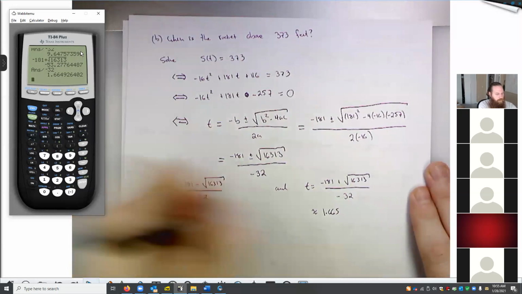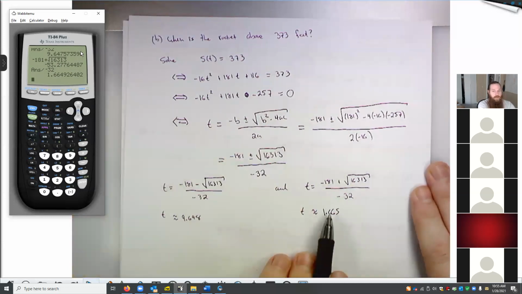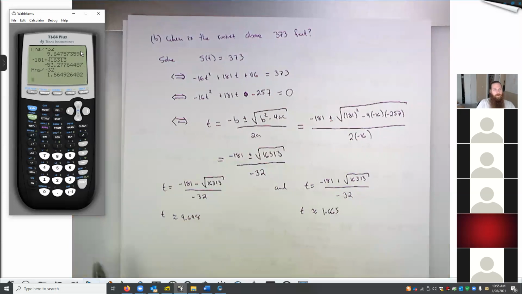So these are my 2 times. Between these 2 times, look back at your graph. Here's the 9.6, and here is the 1.66, right? Between those two, the rocket is up here, above 373.